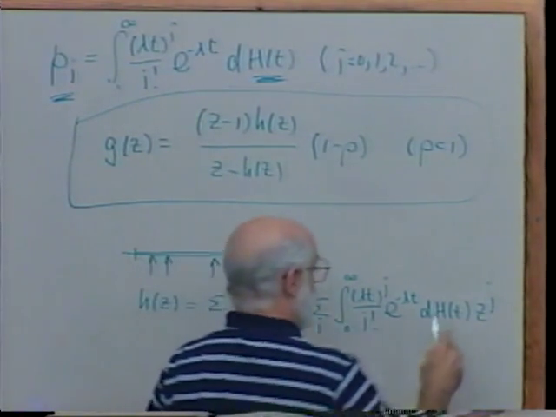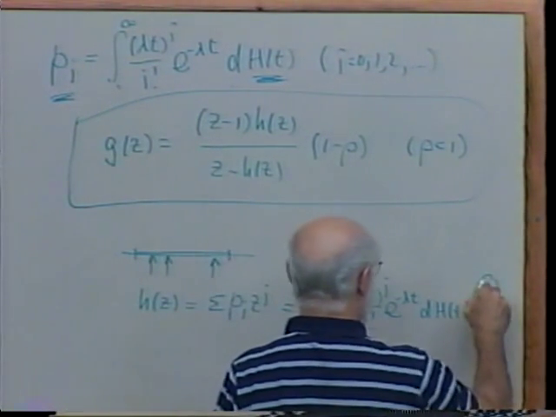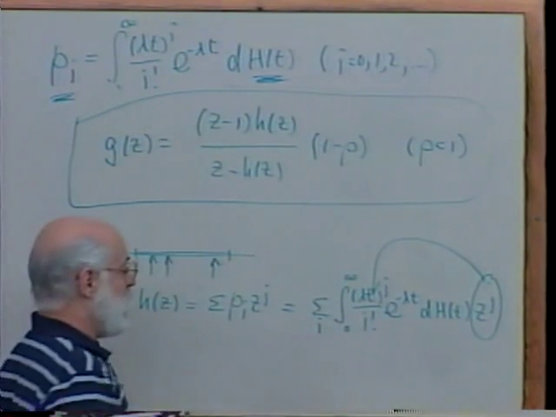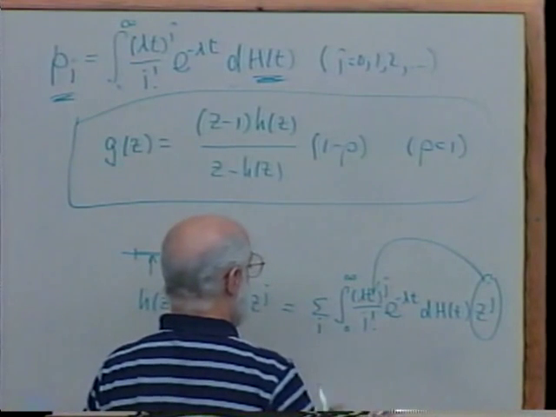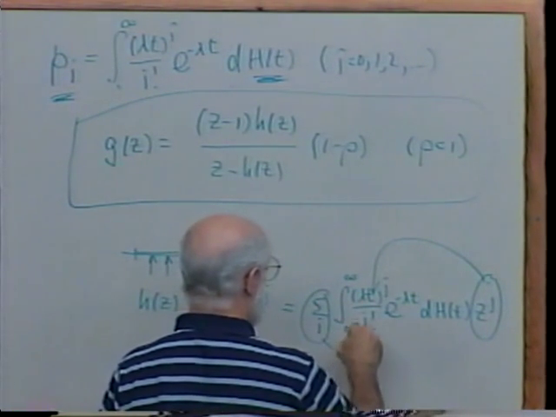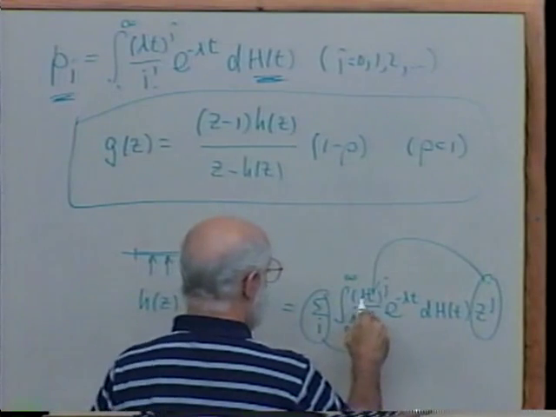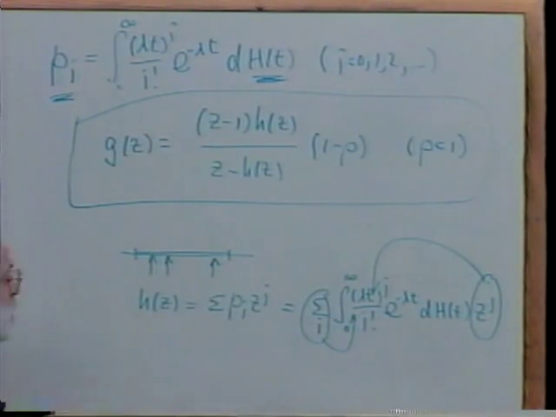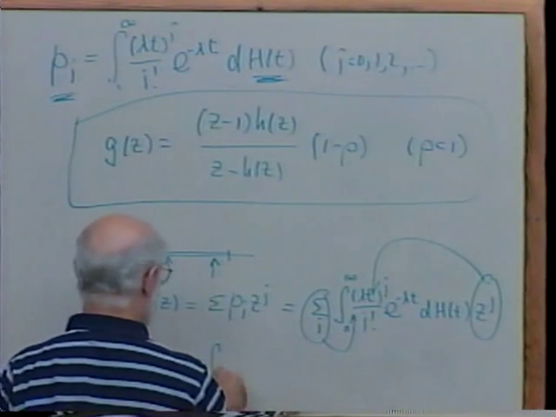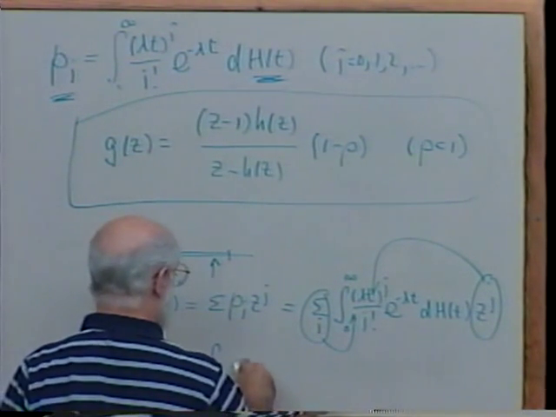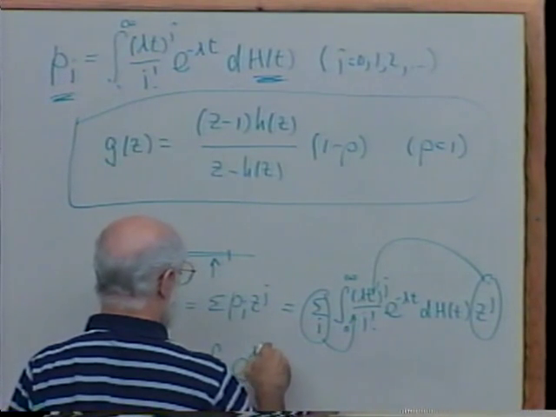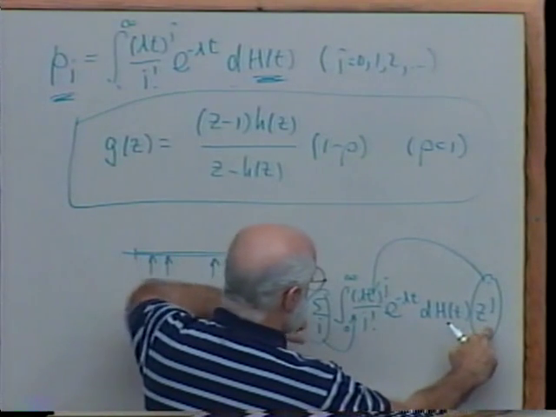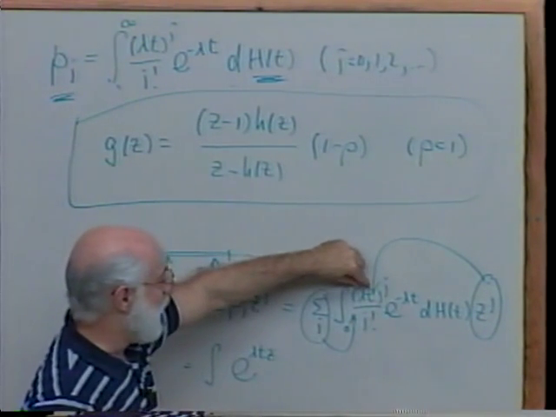Then this is what we did before. We take the z to the j and we put it in here, and we bring the summation sign in here. I take this z to the j and combine it with lambda t to the j.